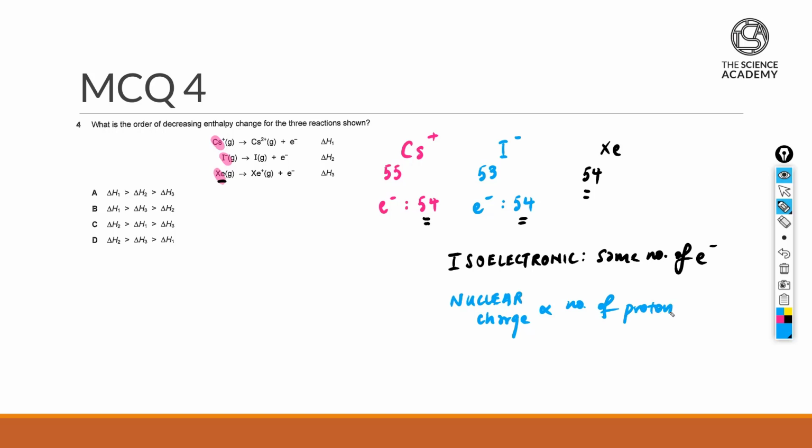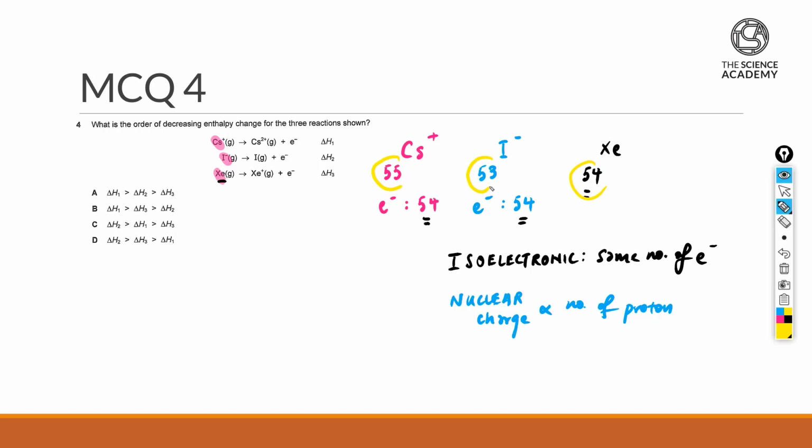If you have a much higher nuclear charge, this will result in a much higher ionization energy. You can see that out of these three, cesium is the member that contains the most protons at 55, followed by xenon with 54 protons, and finally iodine with 53 protons.